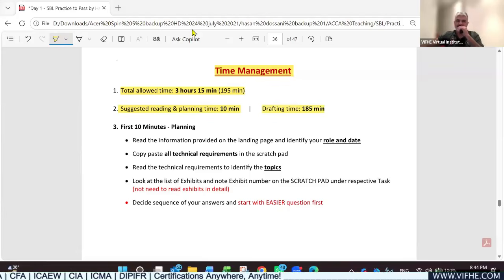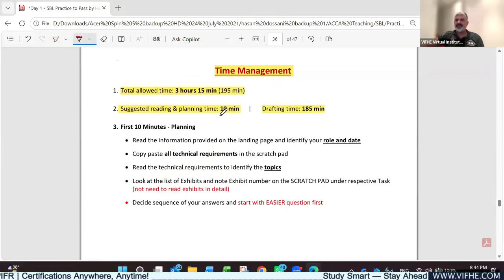Is that clear? So I always suggest that when we start the paper, we spend 10 minutes on reading and planning first, and then the remaining 185 minutes, you can start drafting your answer.